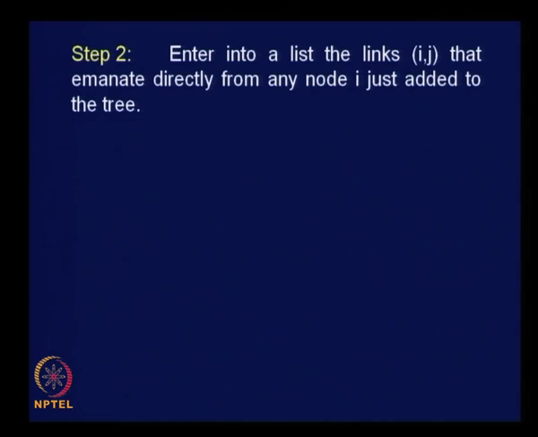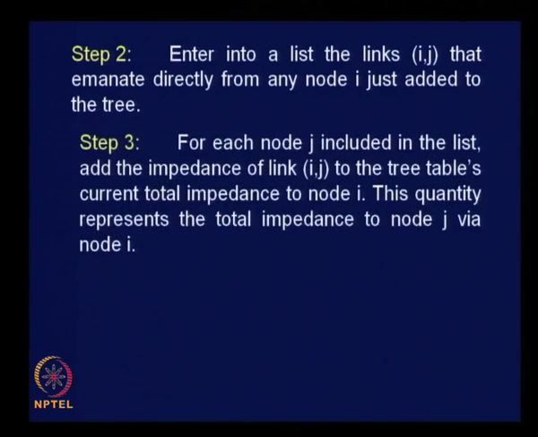In this case, we can treat I as node 1, is it not, and we are interested in ij, all the nodes connected to node 1. Which node is connected to node 1? Node 6, if you recall, node 6 is directly connected to node 1, right.